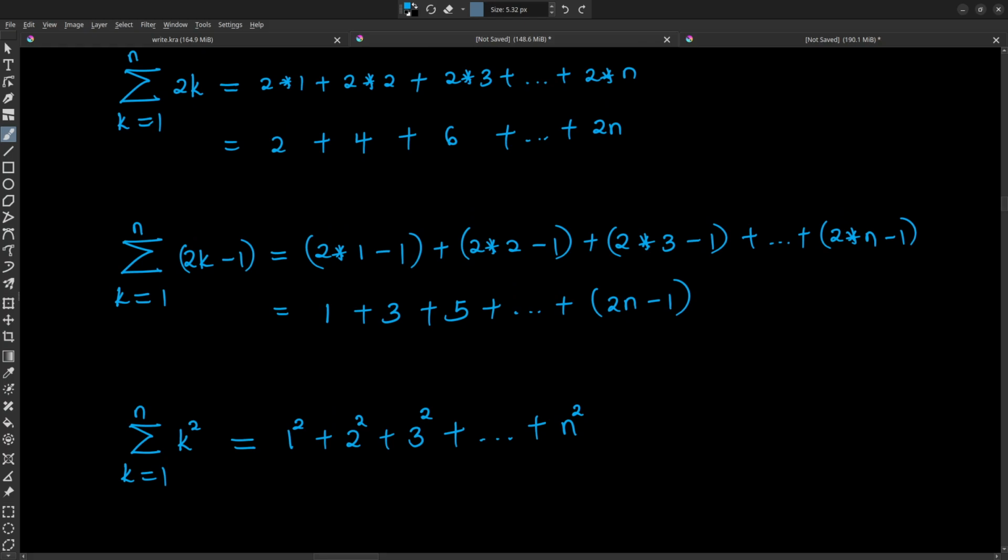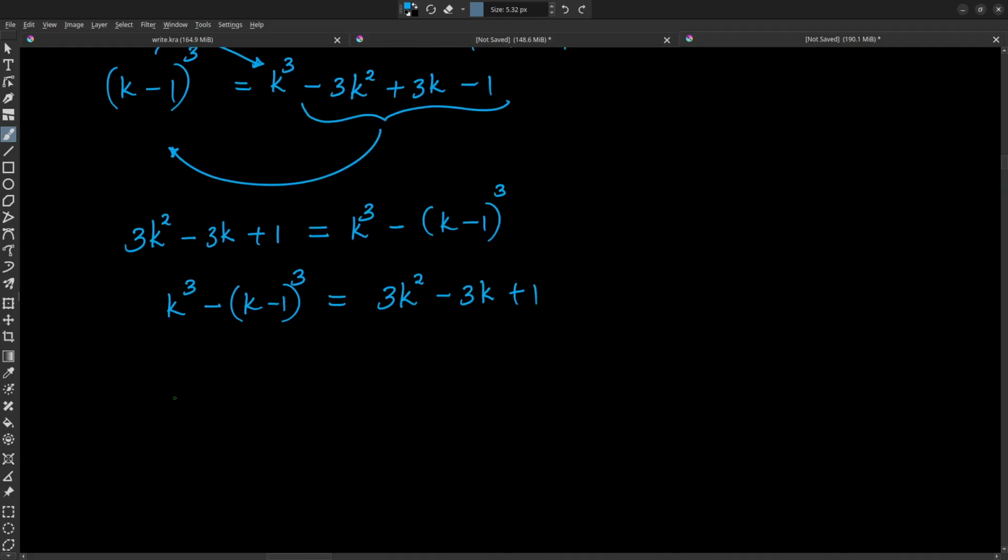Remember? Now, what we are going to do is, we are going to introduce the summation on both sides of the equation. So we are going to say the summation from k equals 1 all the way to n of this left side. So we're just going to use the square brackets here.